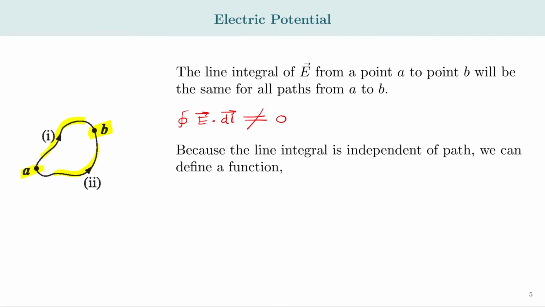And because the line integral is independent of the path, we can define a function V of r equal to negative of integral starting from some reference point O to the point R, then E dot dl.